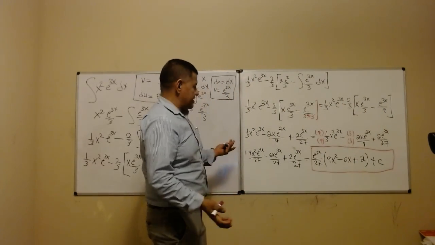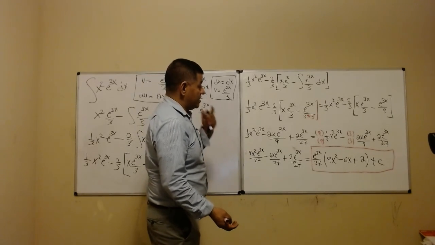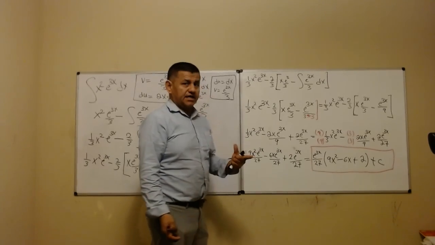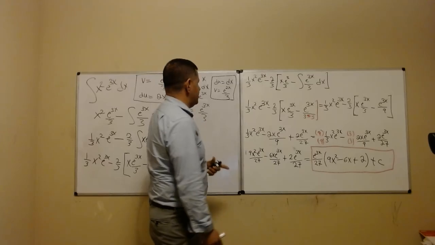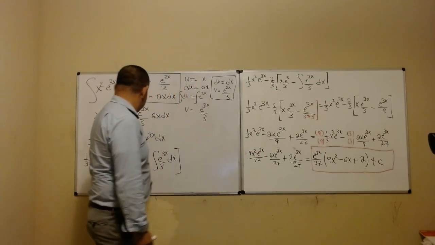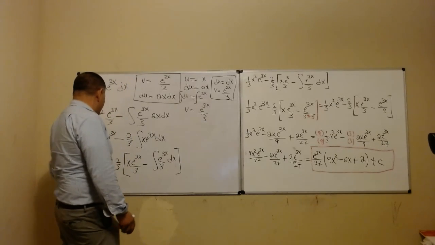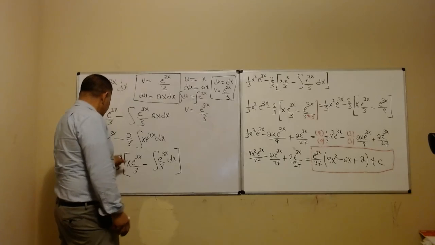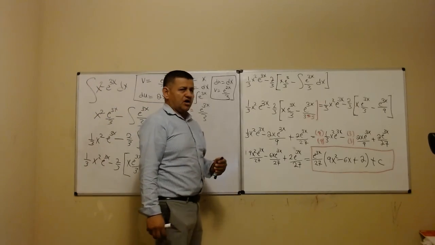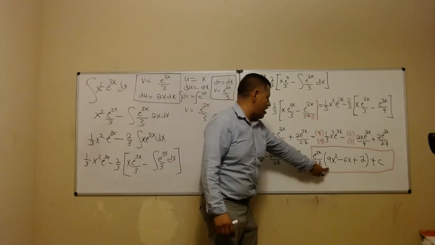So as you can see, it is very easy to make mistakes because there's a lot of algebra, a lot of factoring, taking into account that you factor out 1/3, and you got to keep 1/3 outside the bracket. So this is a little more complex problem, but this is the answer for this problem.